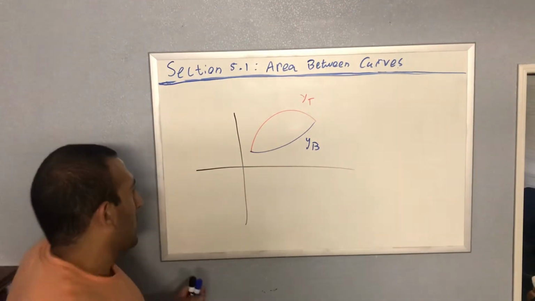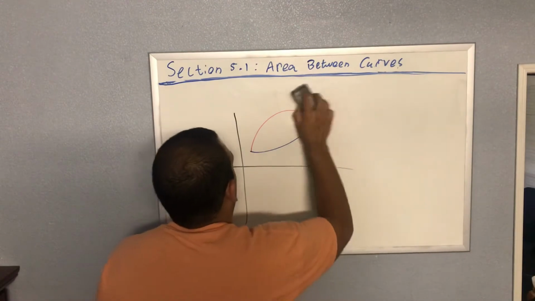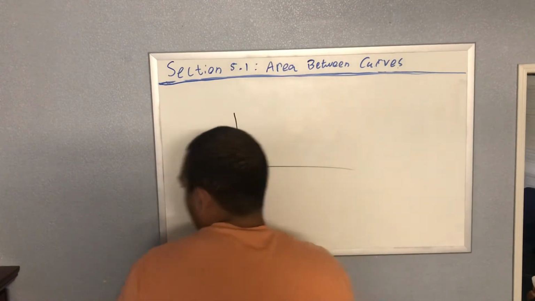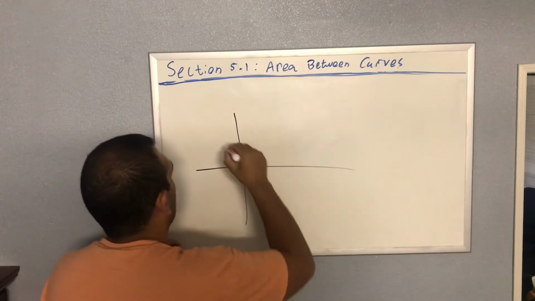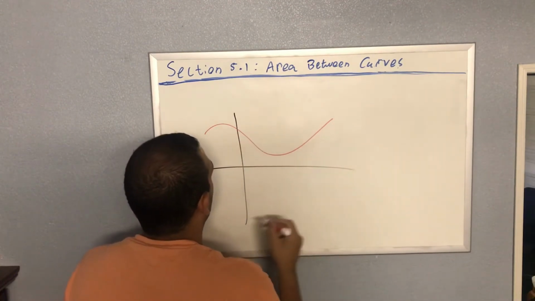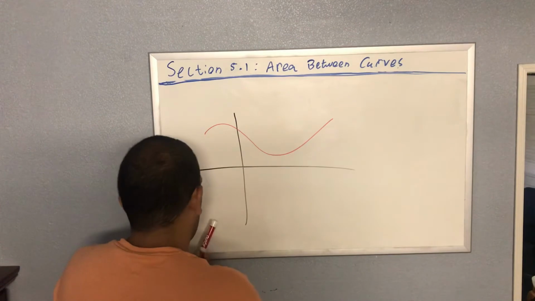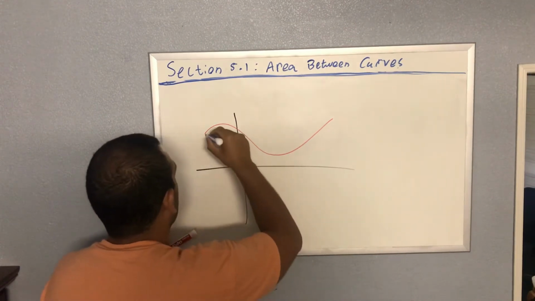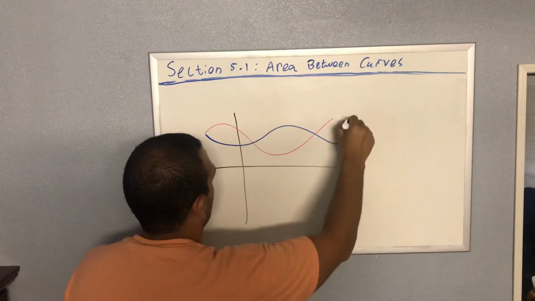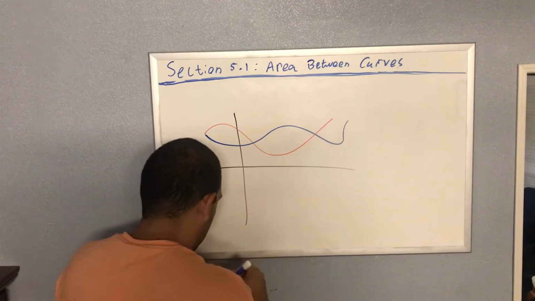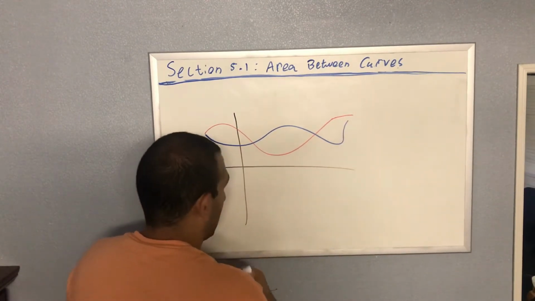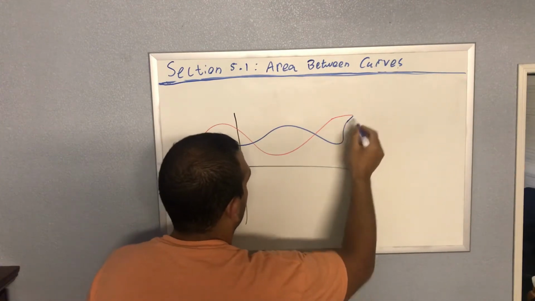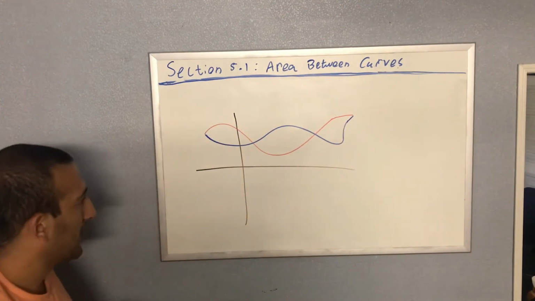But what happens now if one function kind of takes over the other one as the top or the bottom one? So let's say something like this happens. For example, maybe this finishes there. So something like this.